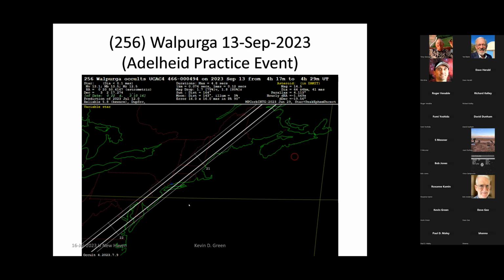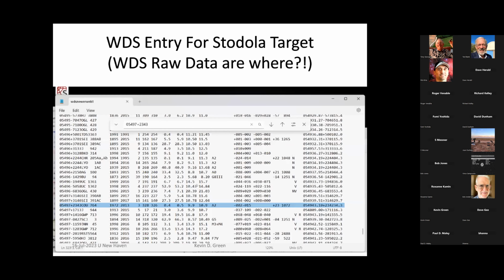Going back to this, what I should say is I also looked, in the Stadola event, for maybe some lunar occultations for this particular star. None have been observed.